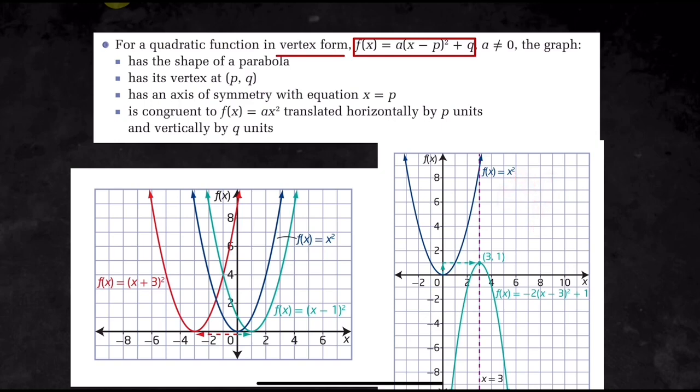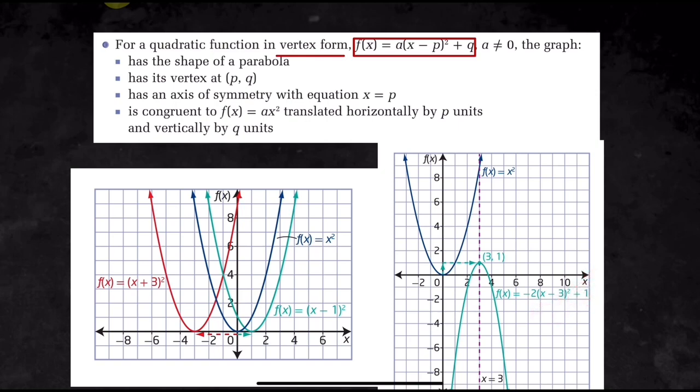If I want to shift horizontally and vertically my parabola, I should change both of them. So I should have my x minus p inside the bracket plus my q outside the bracket. For example, for this parabola, I am shifting my original one 3 units right side, horizontally, and 2 units upward because it's plus 2.